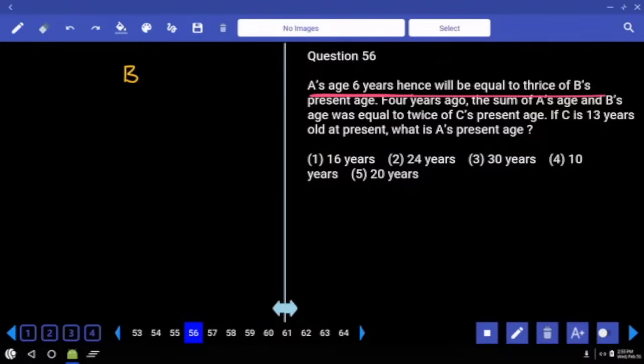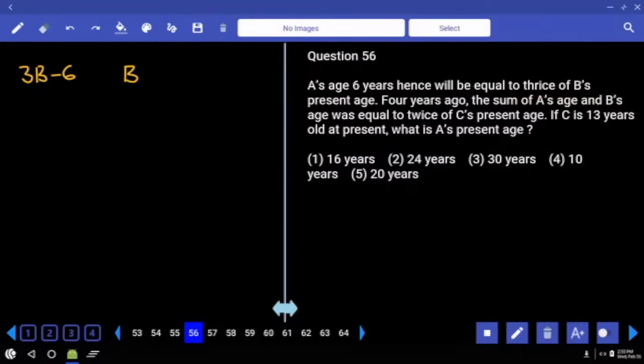What is 3 times of B's age? 3B. 3 times of B's age, 3B. When is that? After 6 years. Then the age of A at present is going to be 3B minus 6 only.